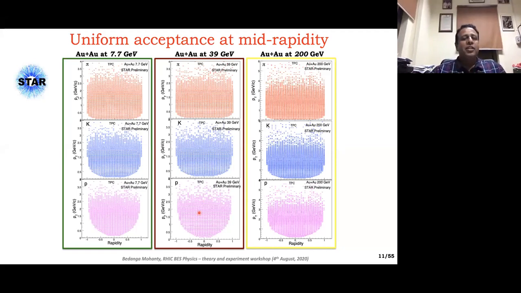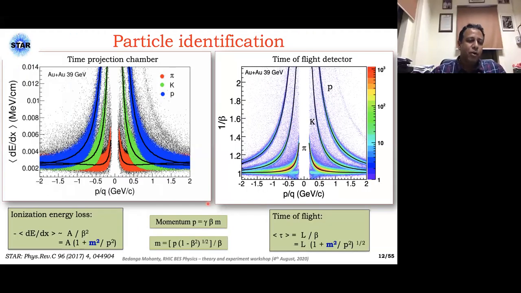Another key point in the measurement is the particle identification. So we identify the particles using the specific ionization energy loss of a charged particle plotted in the y-axis as a function of its momentum by charge. This is from the time projection chamber. And you can see at low momentum, we can very beautifully separate out the pion, kaons, and protons.